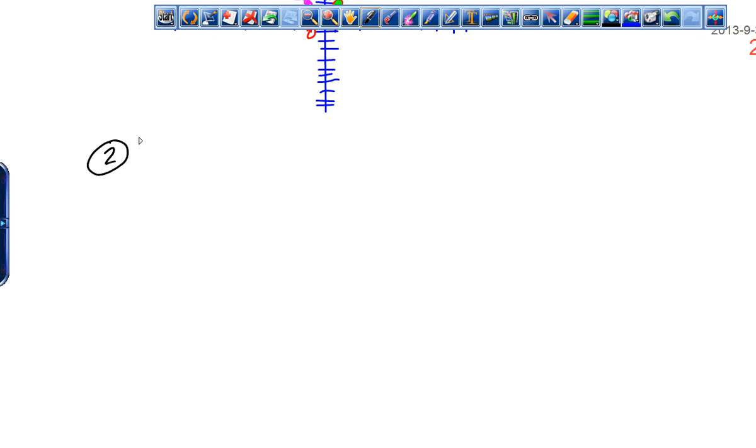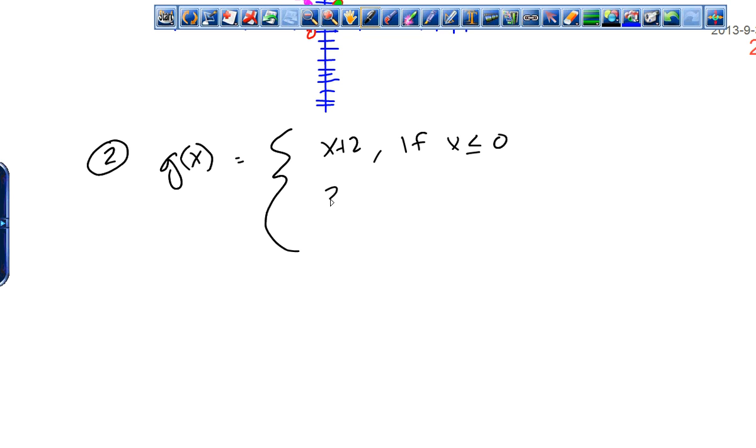Alright, the second one. Let's make this g of x just because we can. x plus 2 if x is less than or equal to 0. We got 3 if x is between 0 and 4.